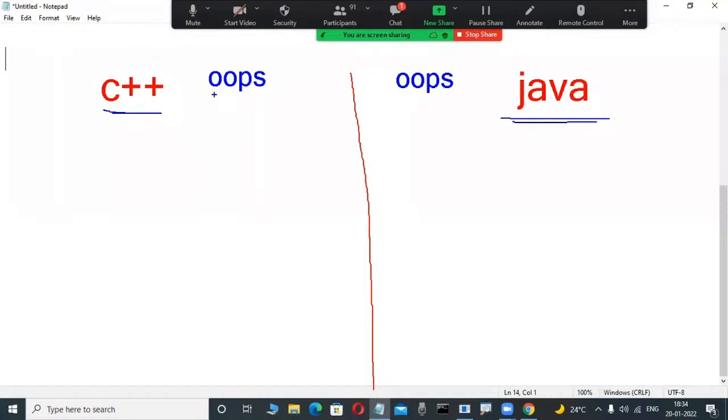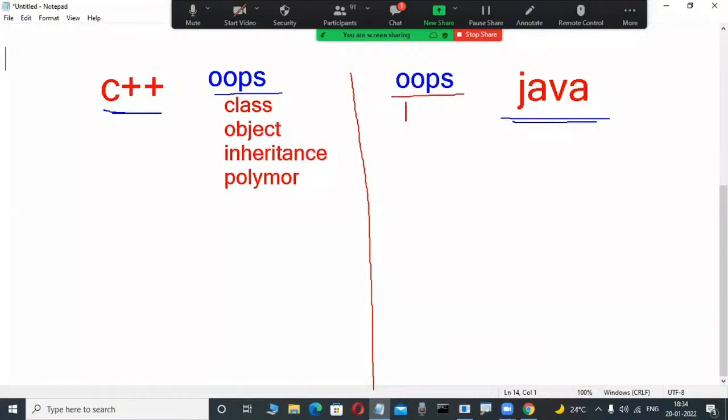OOPS concepts means, as some fellows may know, class is a concept, object is a concept, inheritance is a concept, and polymorphism is a concept. Same here in Java also.